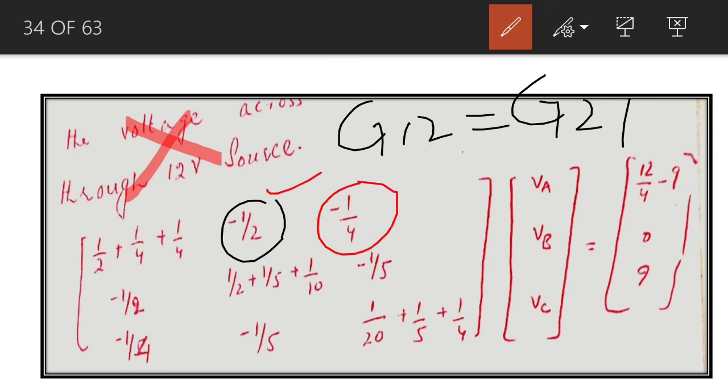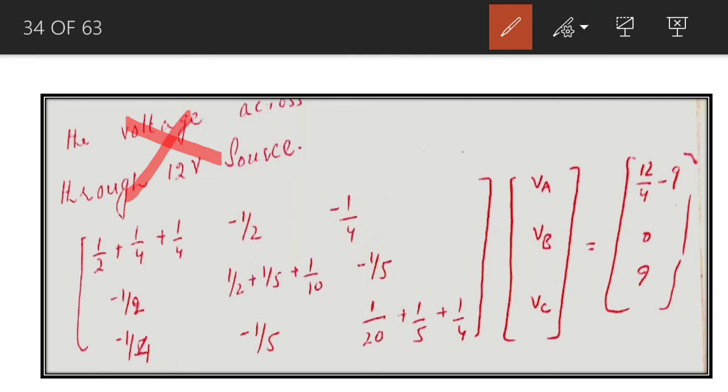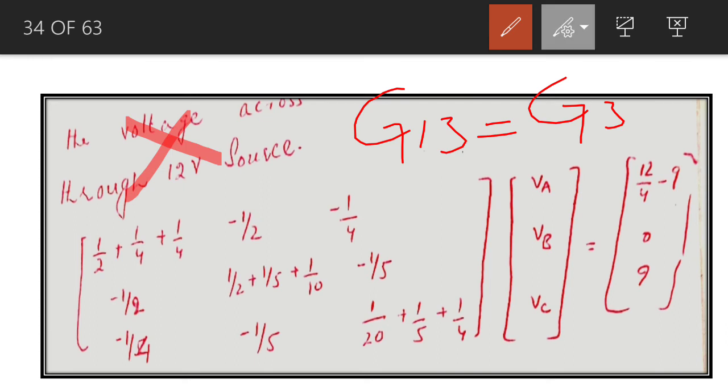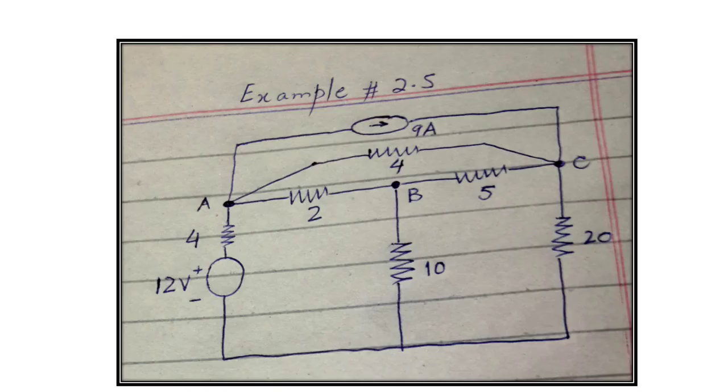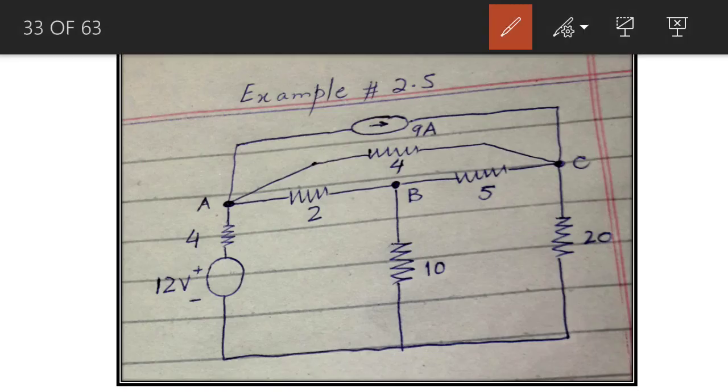Let us consider G13, which is always equal to G31. For G13, we consider the resistor which has been connected to the first as well as the third node of the given circuit. If we look at the circuit diagram, you see this resistor of 4 ohm has been connected to the first as well as the third node.